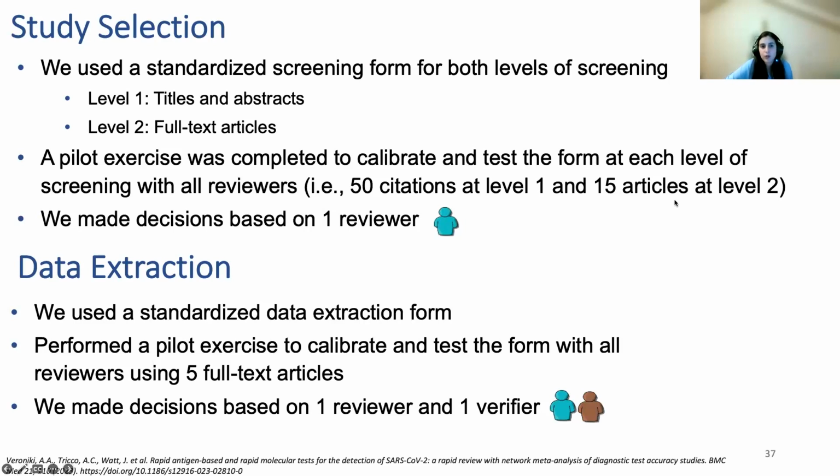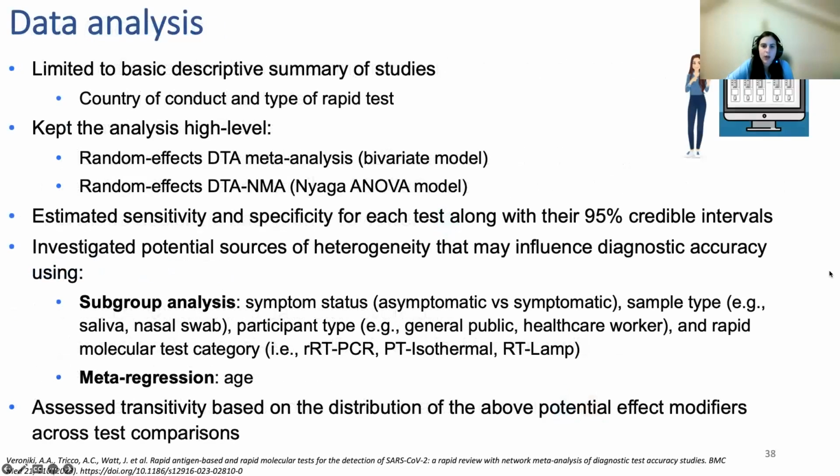But as this was a rapid review, decisions were based on a single reviewer. Then, once screening was completed, as a fourth step, we abstracted our data using a standardized data abstraction form, which was again piloted. And the decisions were made based on 1 reviewer who extracted the data and 1 verifier.